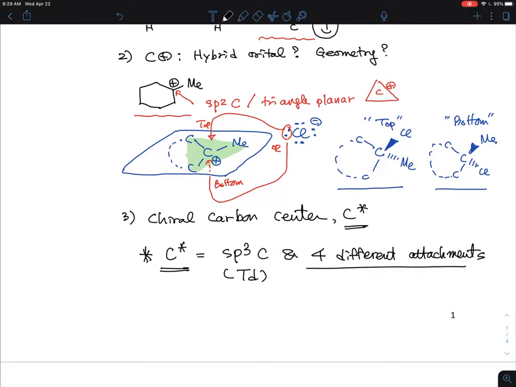So I'm going to draw those tetrahedral structures, like this. This is not on the plane. Those lines are on the plane, and you should have alpha, beta, gamma, delta, and then this is a chiral carbon. It can have isomers.